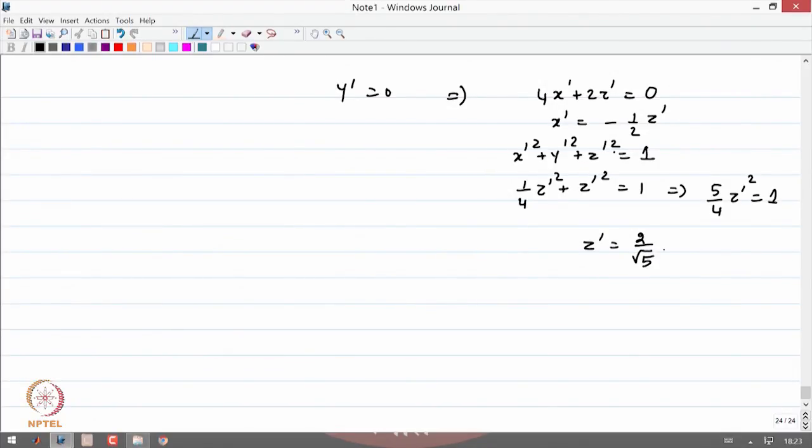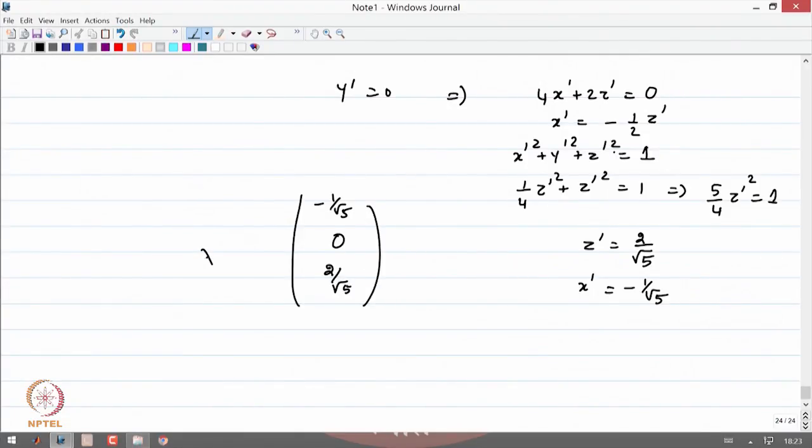Then x prime is minus 1 by 2, which is minus 1 by root 5. Therefore, we have one column vector, namely x prime is minus 1 by root 5, y prime is 0, and the last one is 2 by root 5.